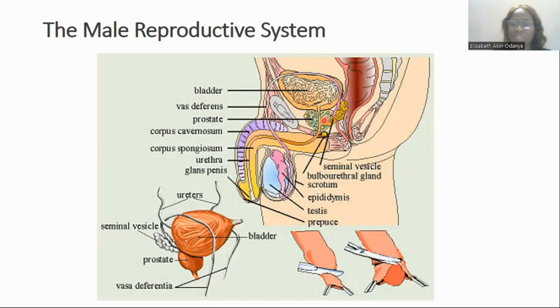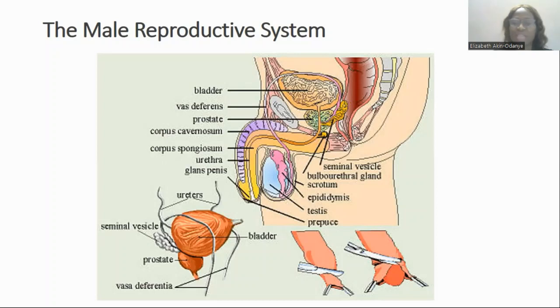Of course, for the vas deferens, the contents pass in through the ejaculatory duct and everything empties into the urethra. So for men, the seminal fluids pass through the urethra, and urine also passes through the urethra.